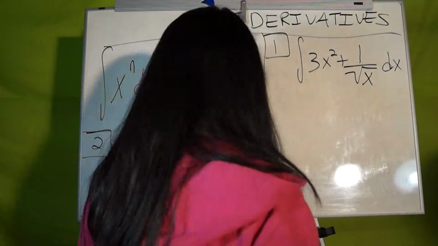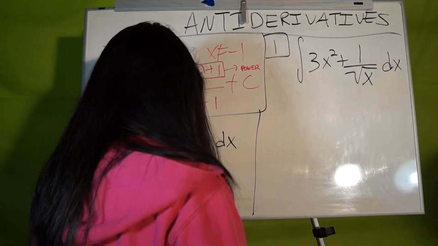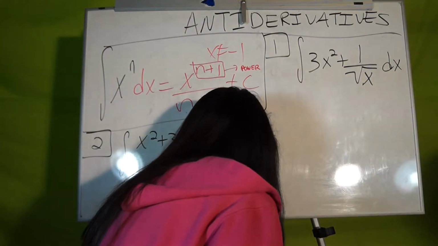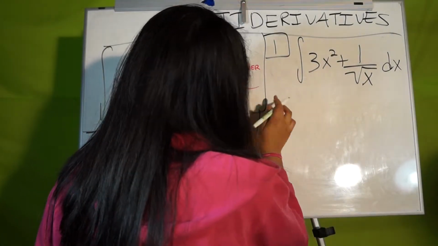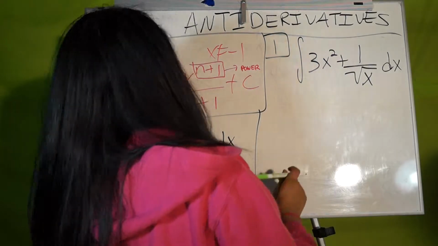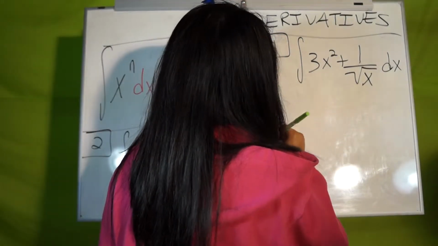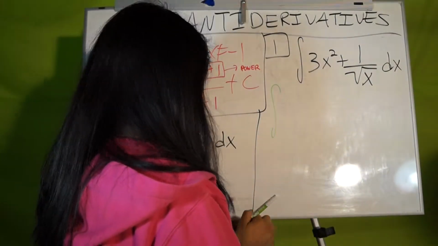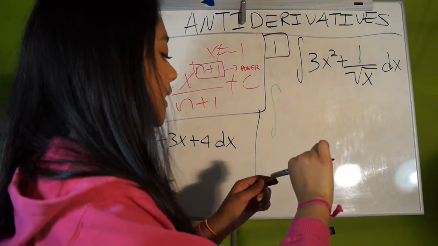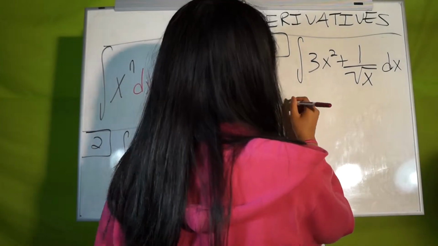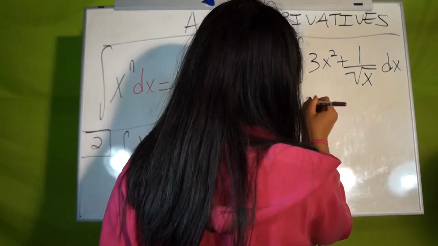Let's first start off with number 1, because I think it's a good problem. Let me see if this pen works. I'll switch to purple because it's a pretty color. So it'll be the integral of 3x squared.